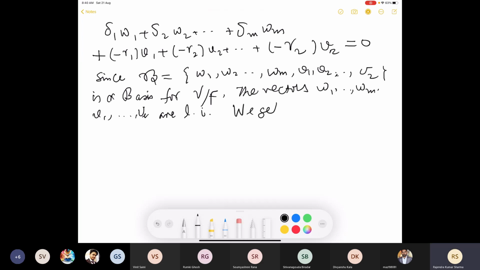And so we get each coefficient is 0. So delta 1, delta 2, all of them, delta M, minus gamma 1, minus gamma R, all of them are 0.